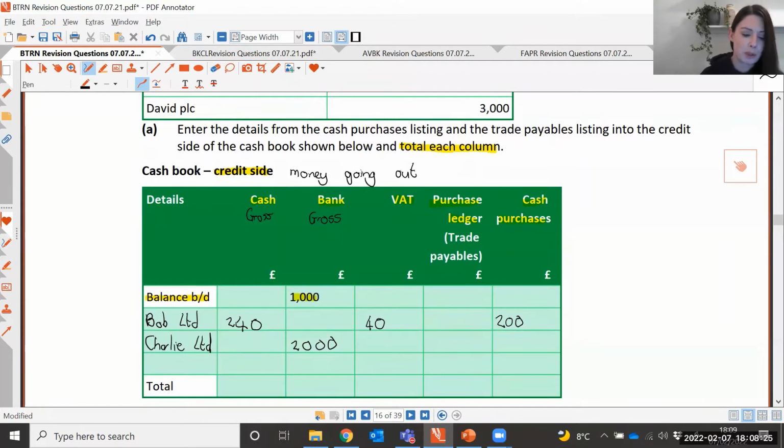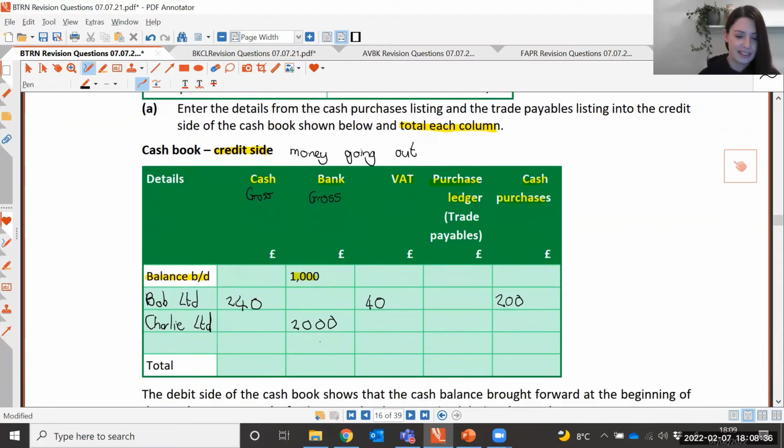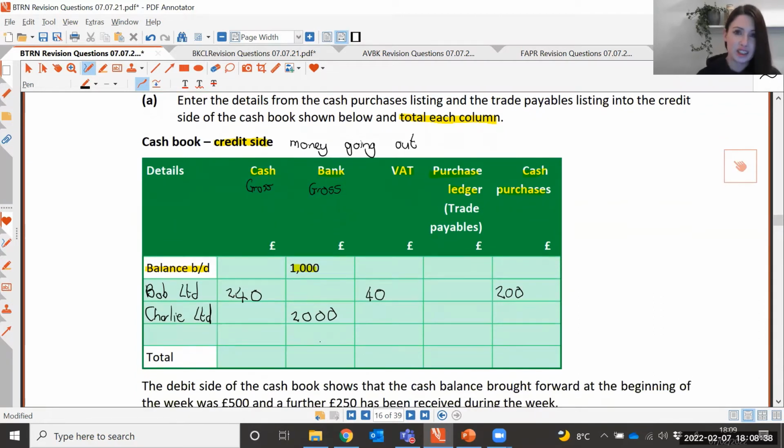Where else will we put this £2,000? Yeah, good. Yeah, into the purchase ledger. Good. And £2,000. Remember, we don't need to allow for the VAT because that will have happened at the point in which we made that credit purchase.